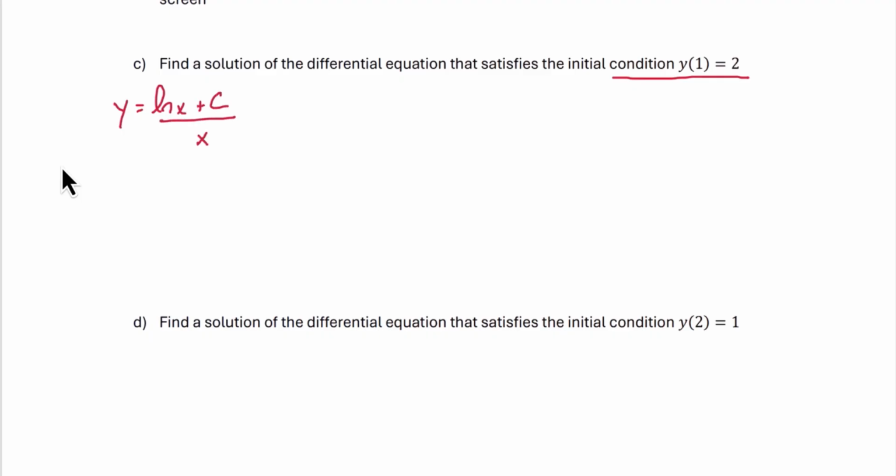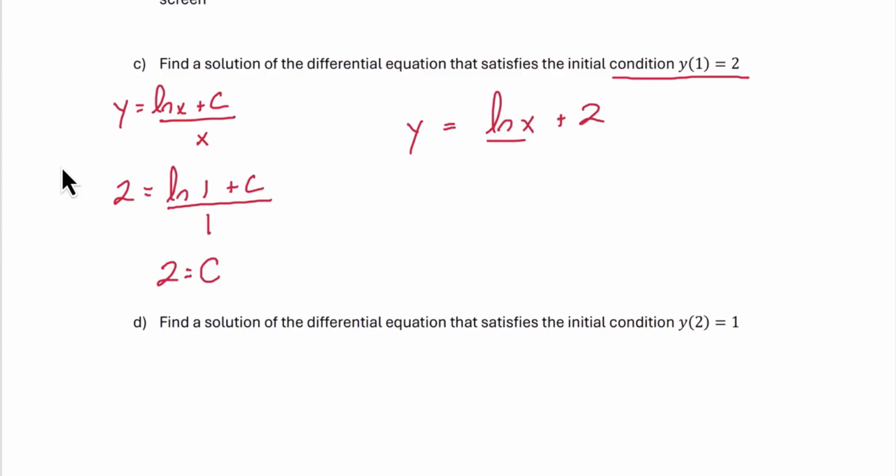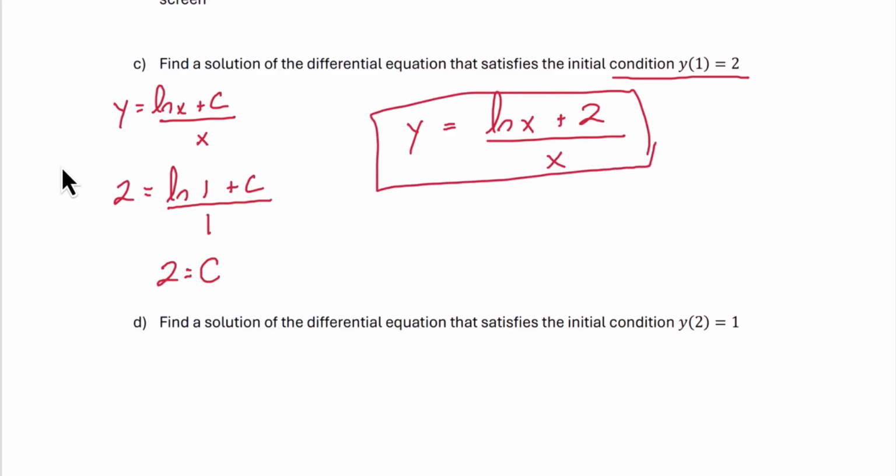So with this given initial condition, we'll have 2 equals the natural log of 1 plus c divided by 1. Solving for this, we'll get that c is equal to 2. So the solution would then be y equals ln x plus 2 divided by x. That's one of the equations that we graphed earlier.